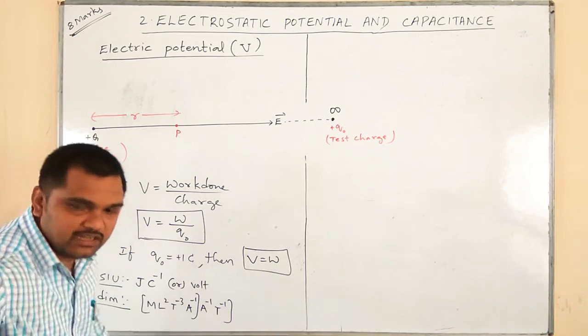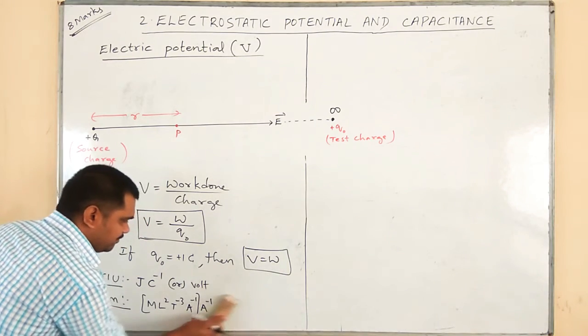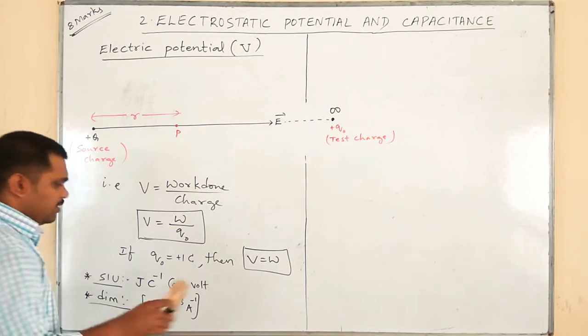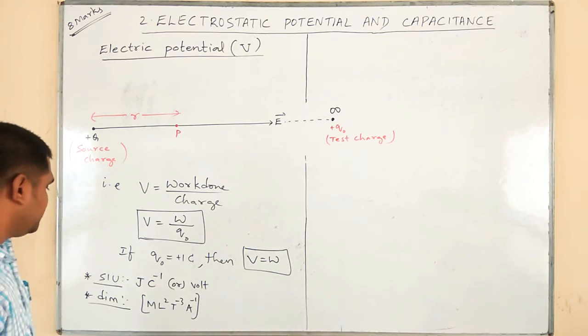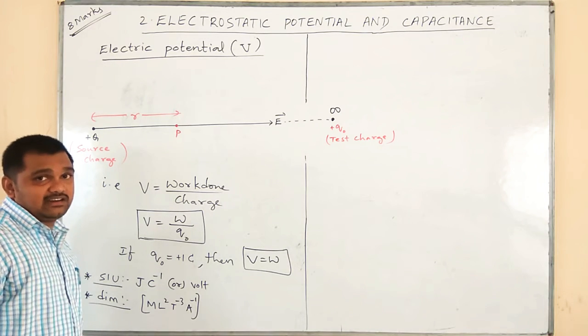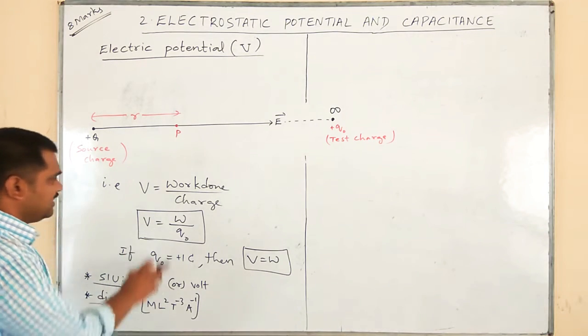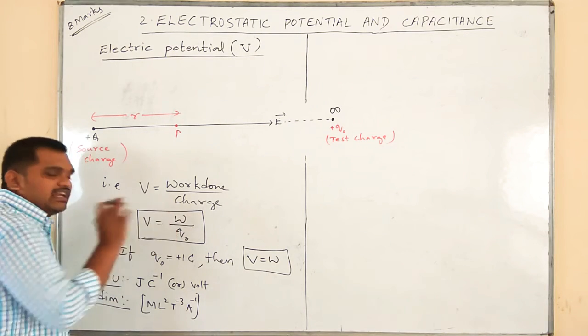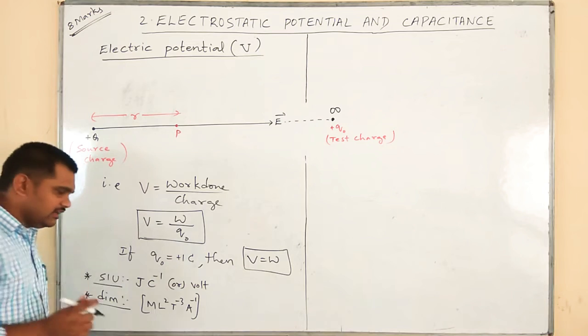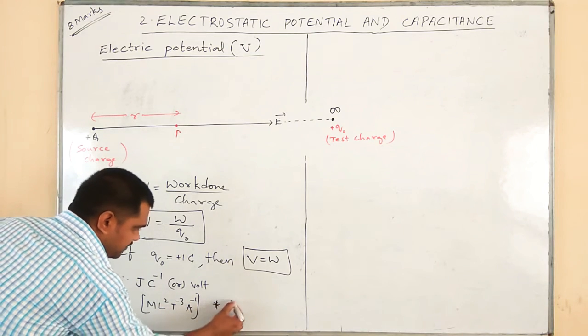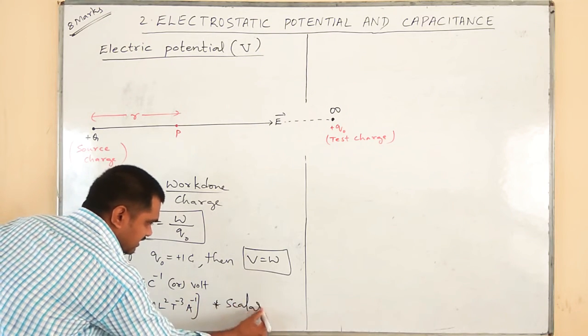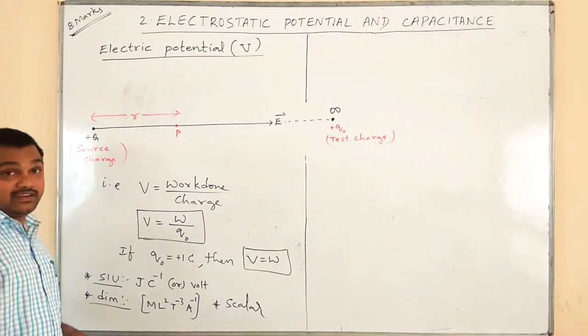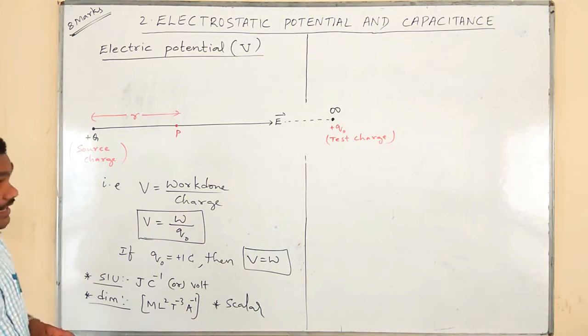This is the dimensional formula for electric potential. Now, is it a scalar or vector? Please remember, since V is having two scalar quantities, it is also a scalar. Electric potential is a scalar physical quantity. Okay, fine.